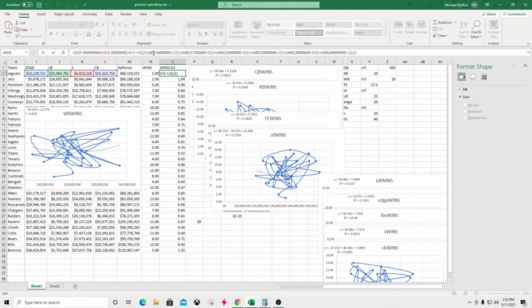Doesn't matter. I'm trying to go through it. Right. I don't know. That looks like 33 million to me. Oh, linebackers.